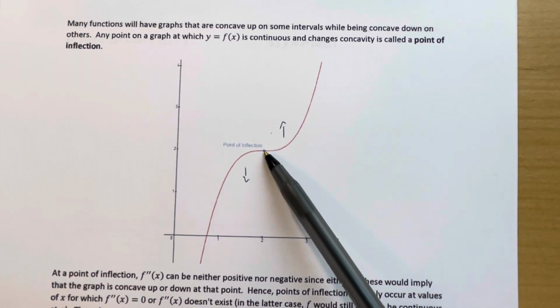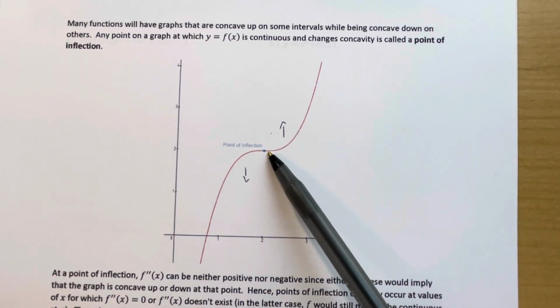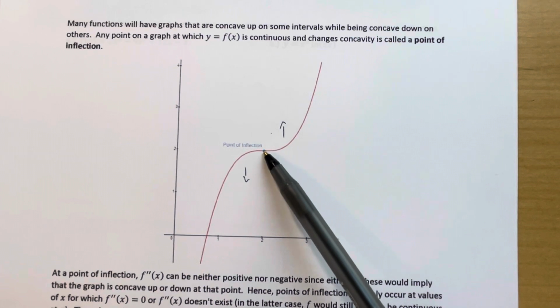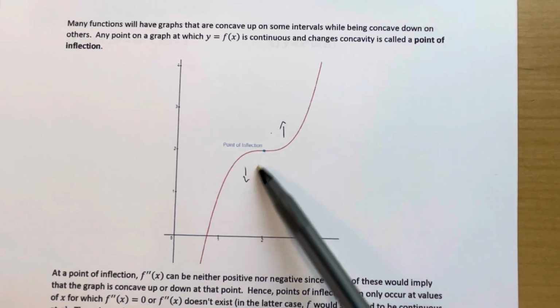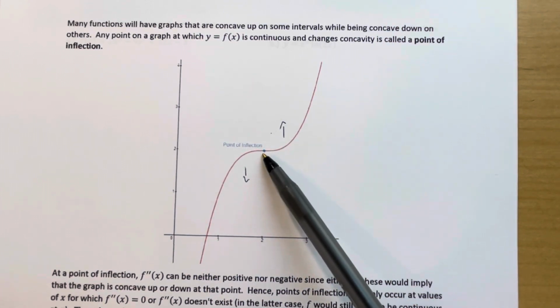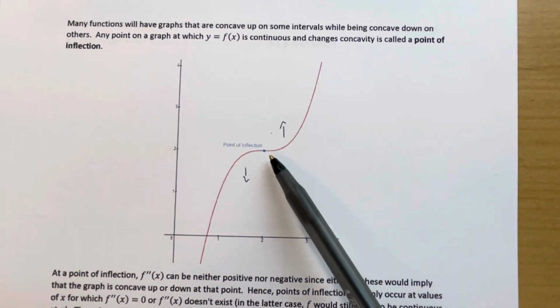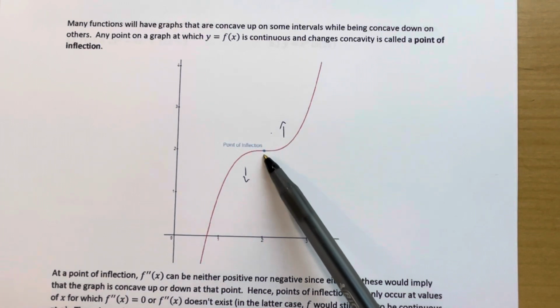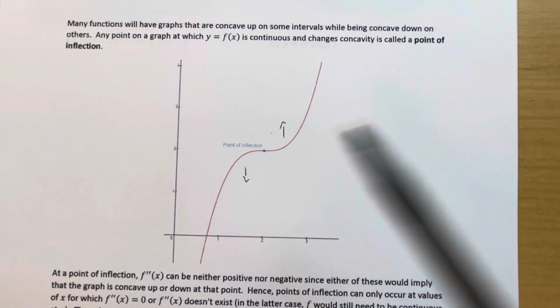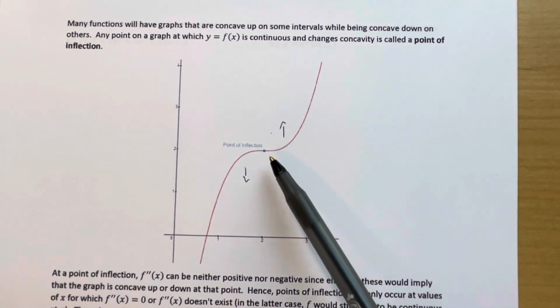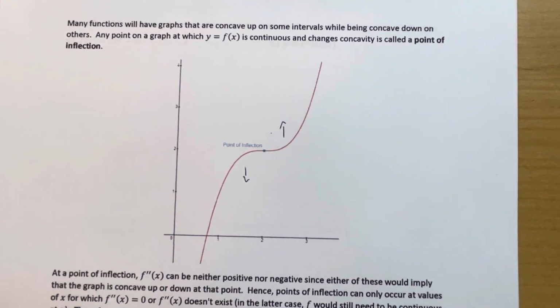So if we're at a point where there's a change in concavity, then that has to be a point where the curve is neither concave down nor concave up, just at that point though. So it could not be positive or negative. That means the second derivative could be 0. That's neither positive nor negative. Or the other possibility is that the second derivative might not exist there. We've seen examples where a function can be defined and continuous somewhere, but its derivative is not defined at that value.